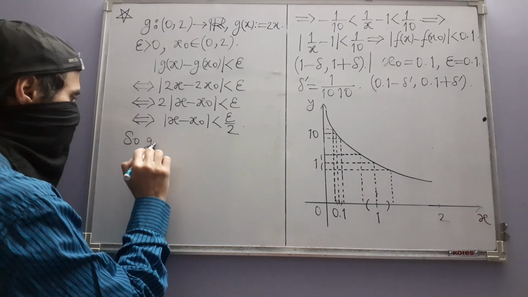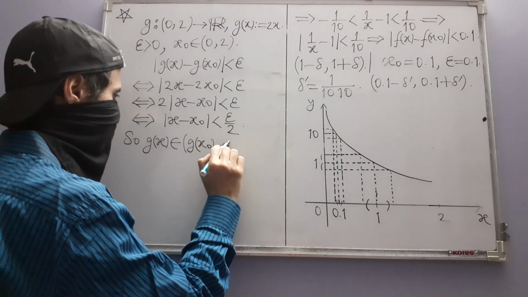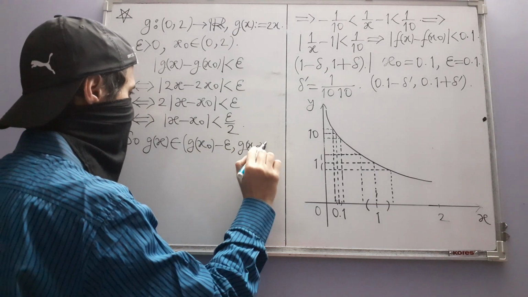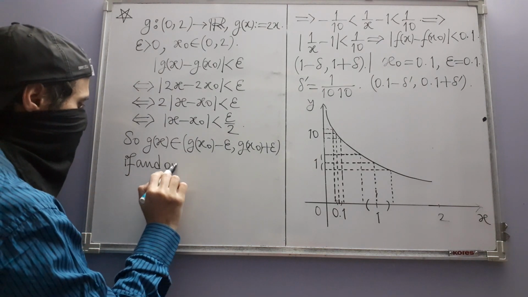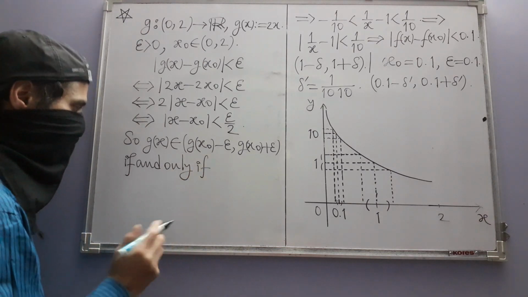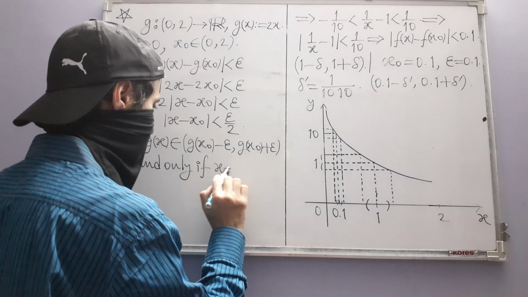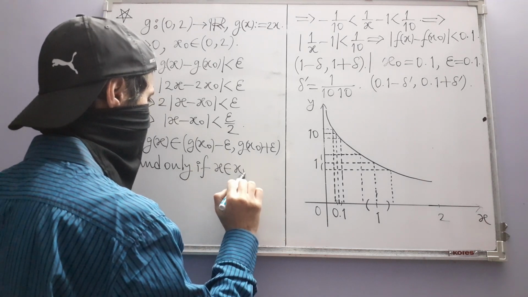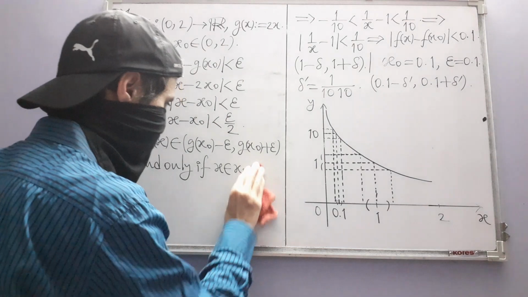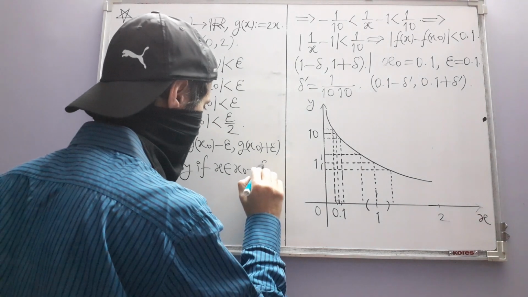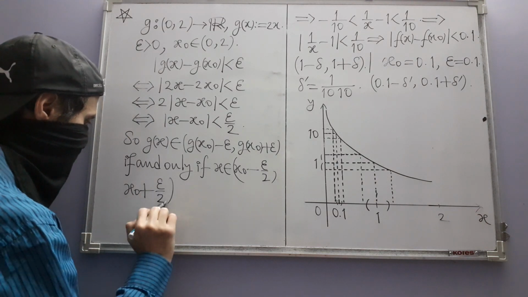So if and only if, it is important, if and only if x belongs to, what is delta? x minus epsilon over 2, x plus epsilon over 2.